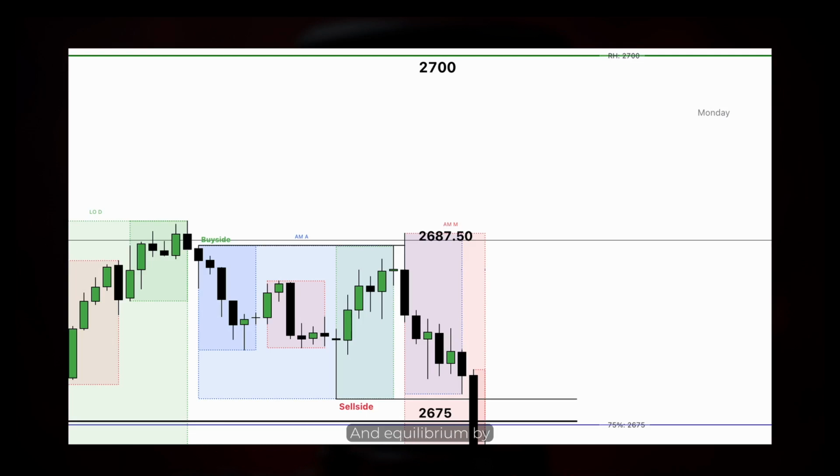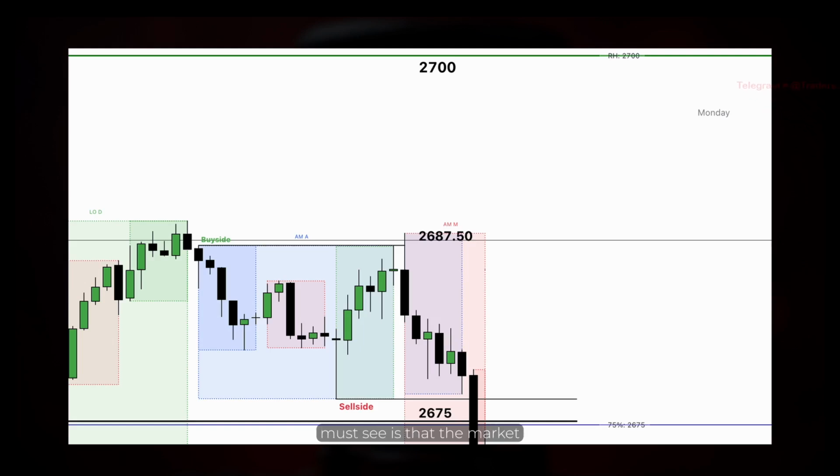And equilibrium by itself can also function as a rejection level. So the next time you start looking at these liquidity pools which are engineered, pay attention to whether or not it's in close proximity to equilibrium of a bigger range. Ideally, you would like to always see it be at a full 100 number.